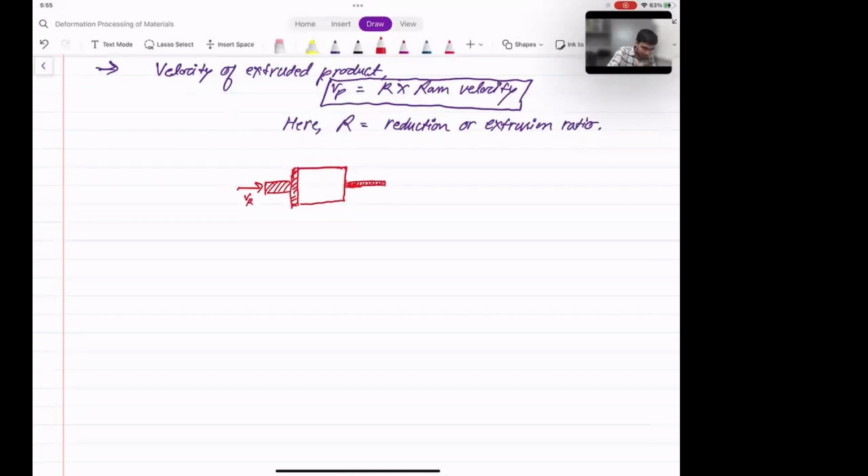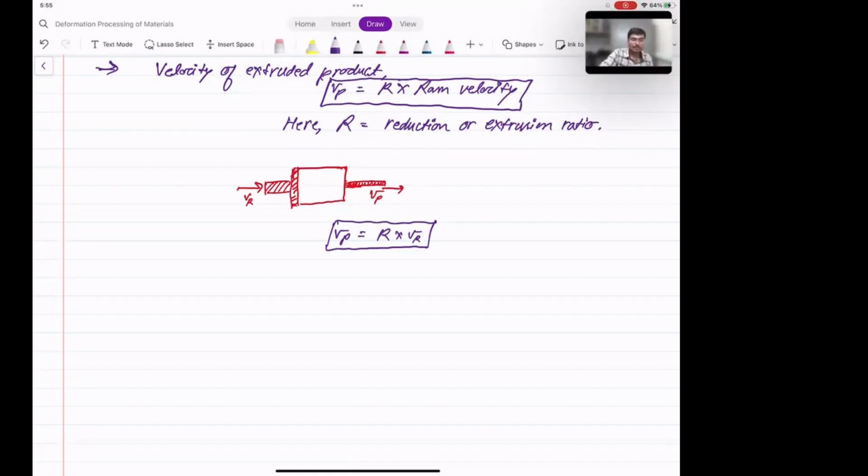So its velocity will be Vp. So this Vp will be nothing but R into VR, so this Vp will be R times VR. So this is the relation.